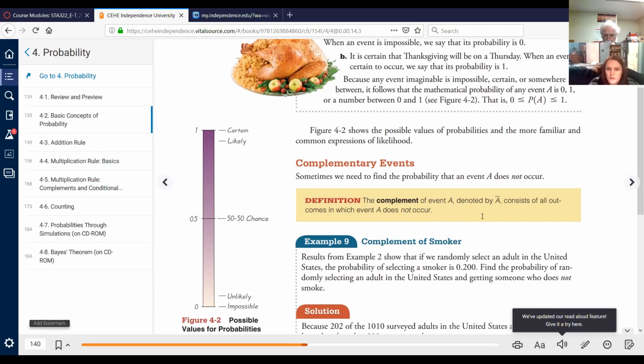There's a couple of ways we can do it. We can put a line over the event, so in this case, we'd put a line over that 6 in P parenthesis 6. Or we just call it not 6. I prefer not 6 personally, because that's the way I learned it. So the probability of not 6 is 0.833, which means if you're betting on a 6, the odds are 5 to 1 against you.